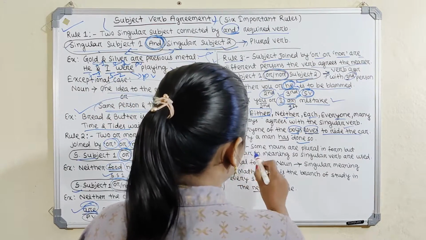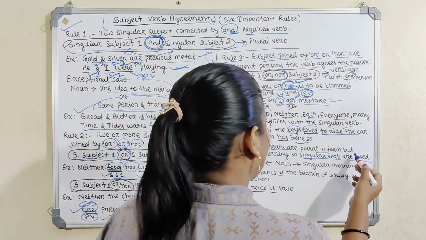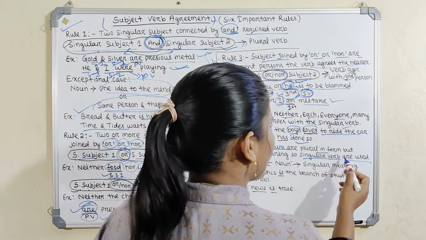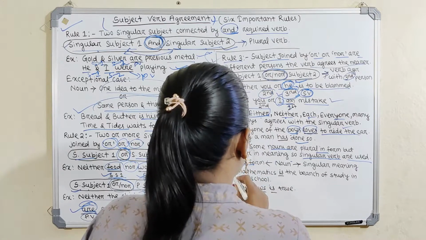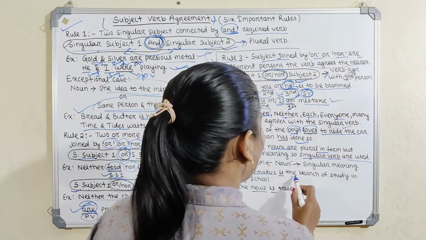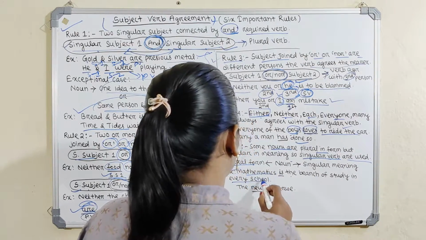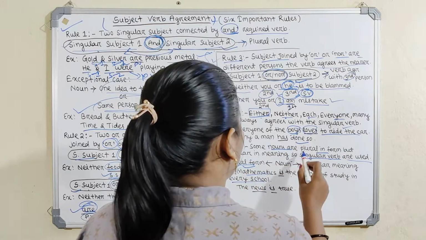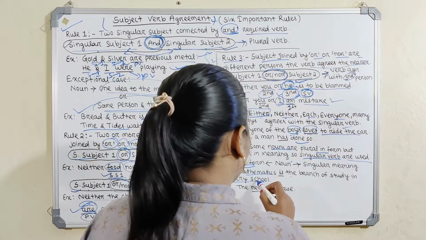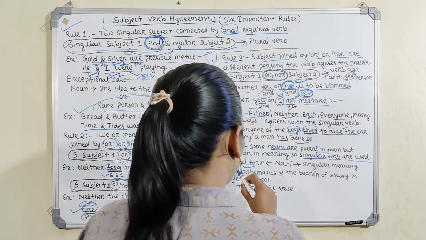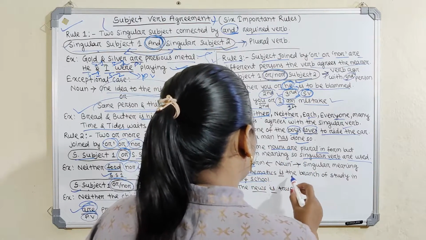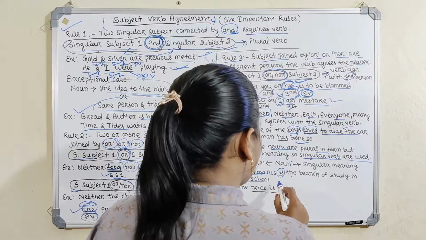Rule 5 is: some nouns are plural in form but singular in meaning, so a singular verb is used. For example, mathematics is the branch of study in every school. Mathematics is a noun that is plural in form, but in meaning it is singular, so it is always used with a singular verb.